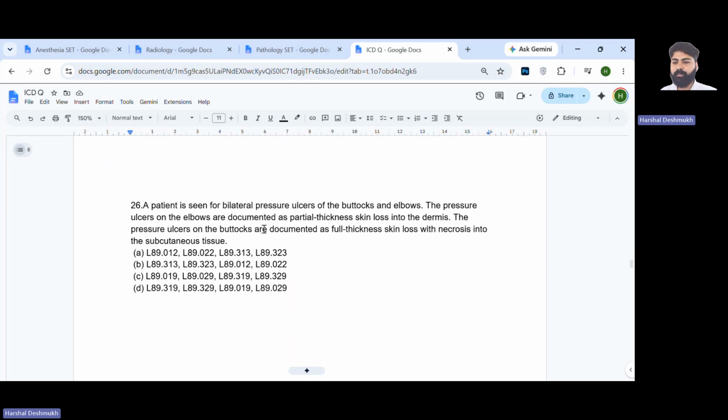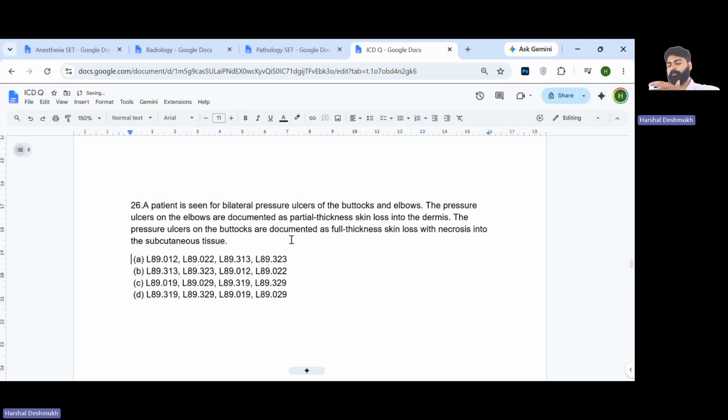The pressure ulcers on the buttocks are documented as full thickness skin loss with necrosis into subcutaneous tissue. All right, I'll remind you again, they have mentioned partial thickness for the skin on the elbows and full thickness skin loss on the buttocks. All right, there you go. You'll be able to find the answer very quickly from those hints.